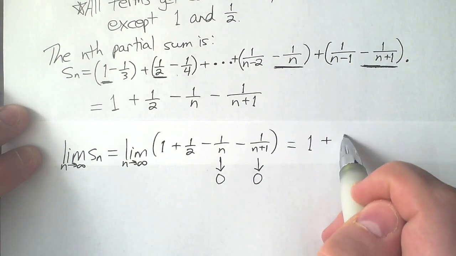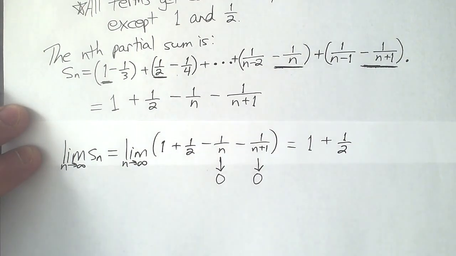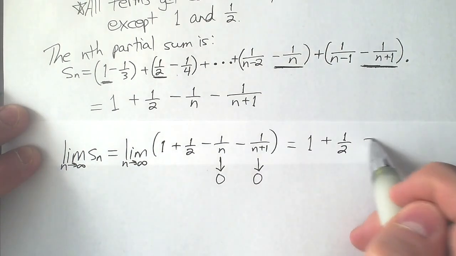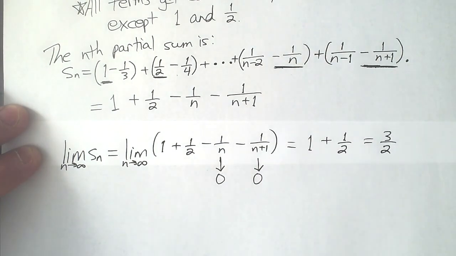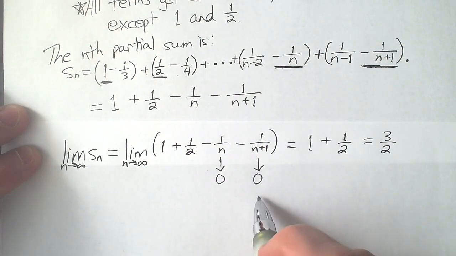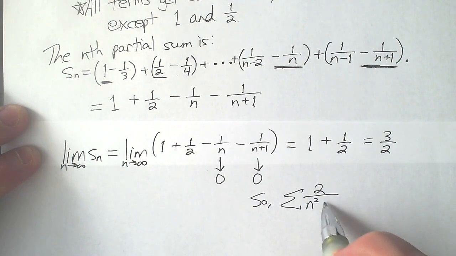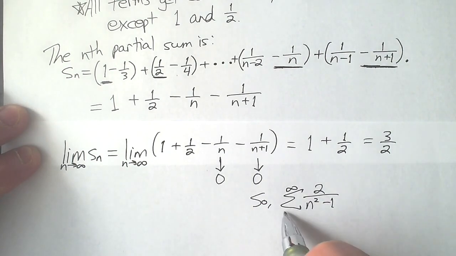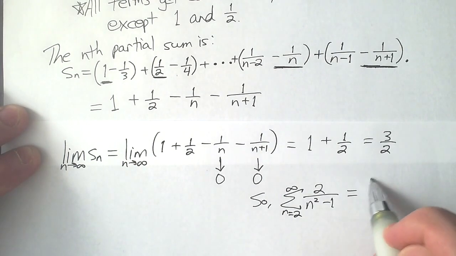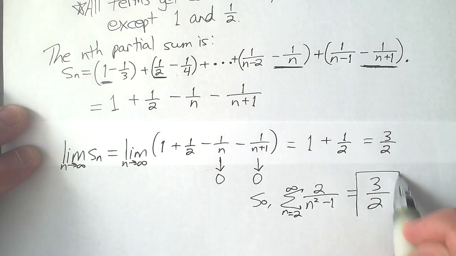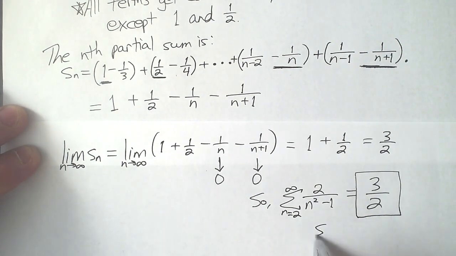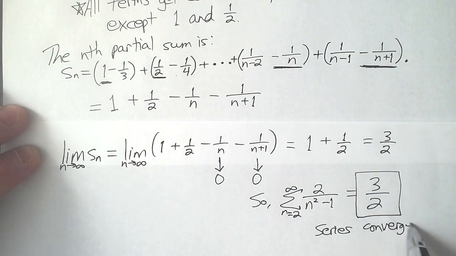So I am left with just the 1 and the 1/2. Yes, that adds up to 3/2. So we can conclude that this series that we've been looking at, almost everything cancels except the 3/2. And we would say that the series converges. It converges to 3/2.